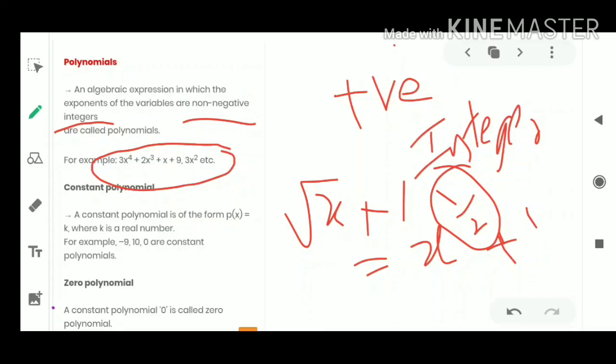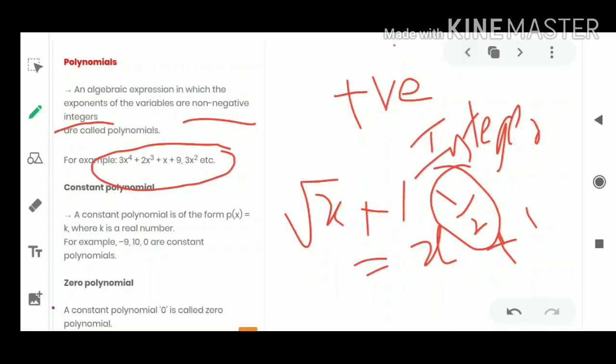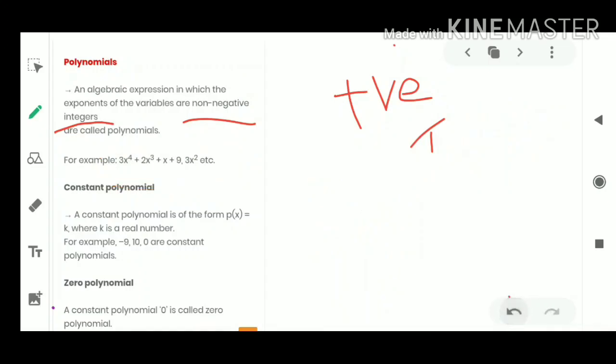If the power is negative or the power is in fraction form, means a rational number, then it is not a polynomial. So this is very important. In the next worksheet also I will give some problems to solve, in which you have to find whether the given algebraic expression is a polynomial or not.